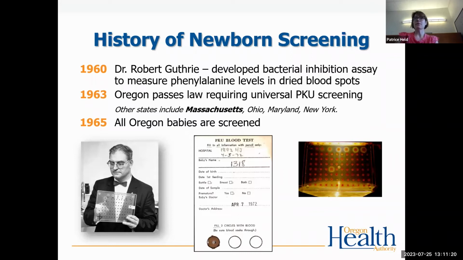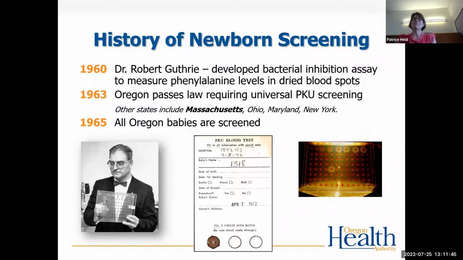His assay was designed such that the bacterial growth would be exponential if there was an excess of phenylalanine. So here, this one sample has excess phenylalanine that led to the growth of the bacteria. Using this technology, he was able to screen many babies all at once.